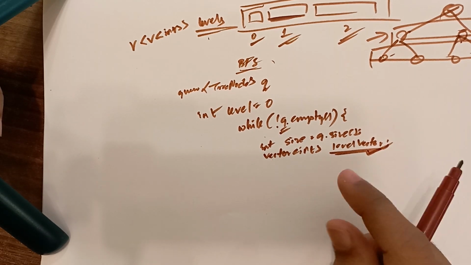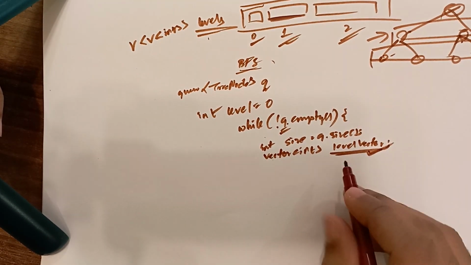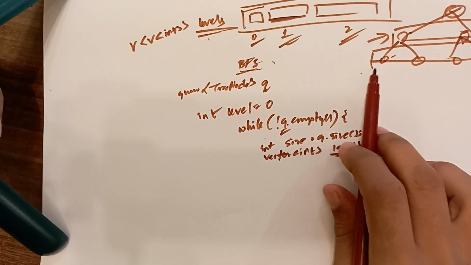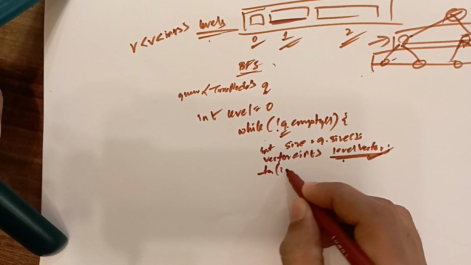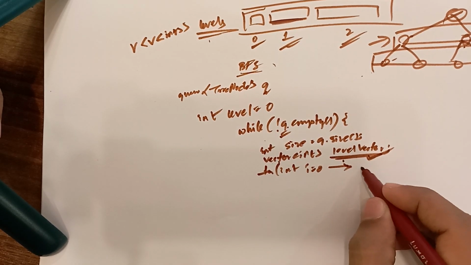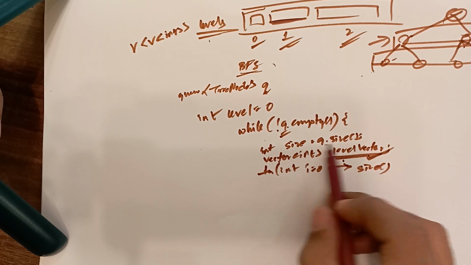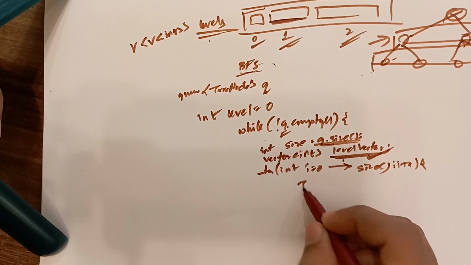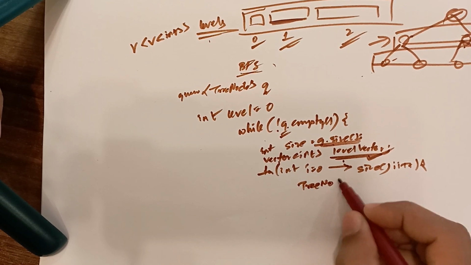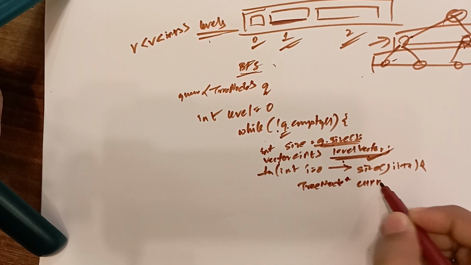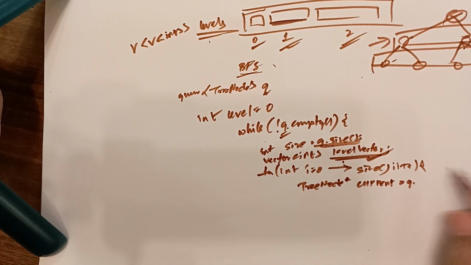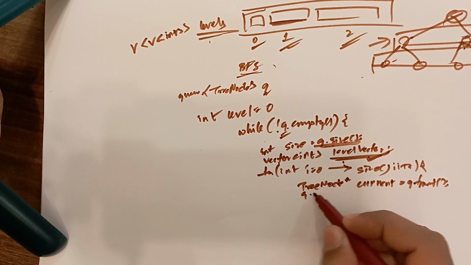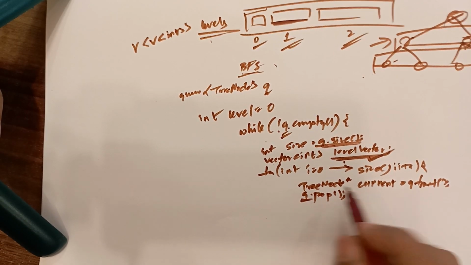That means for every level we will be using this vector for the elements in that level. Now we will be running a loop from 0 to the size of the queue. The current node will be the front node in the queue, and after taking that, we need to remove it from the queue.